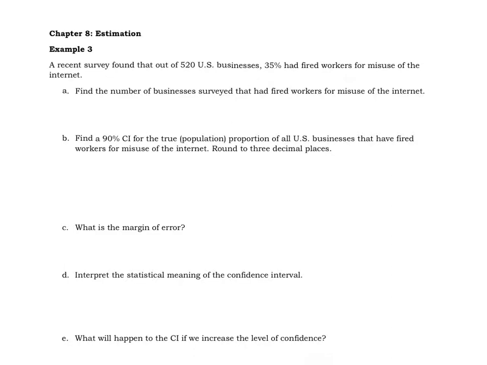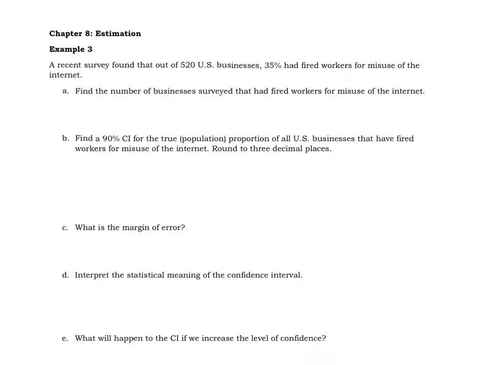All right, looking at example 3, let's say a survey found out that out of 520 businesses, 35% had fired workers for misuse of the internet. So first question, how many of the businesses surveyed had fired workers for misuse of the internet?